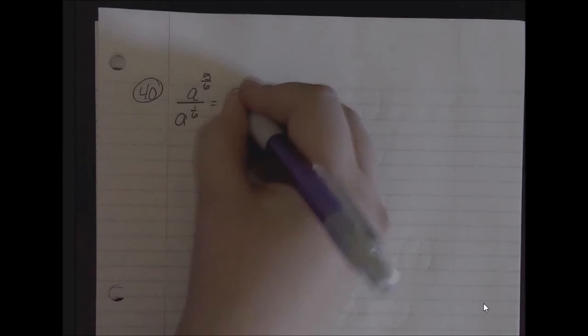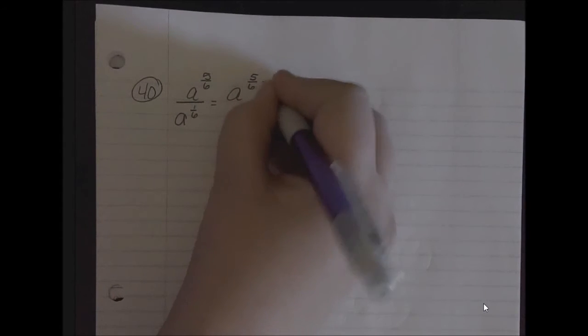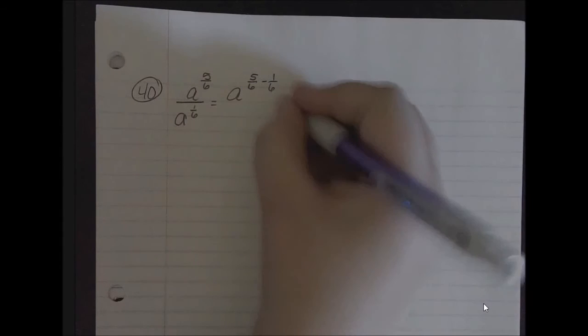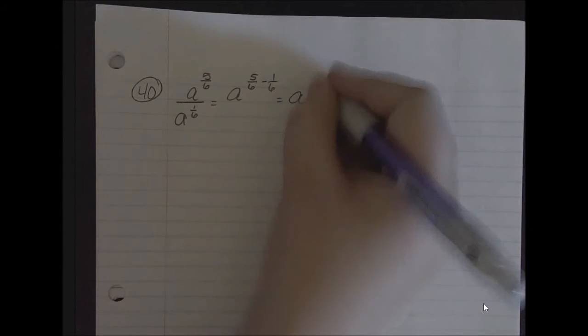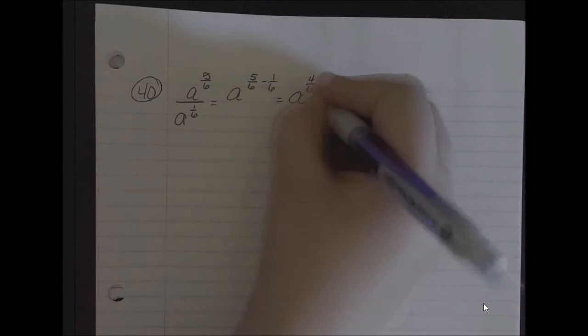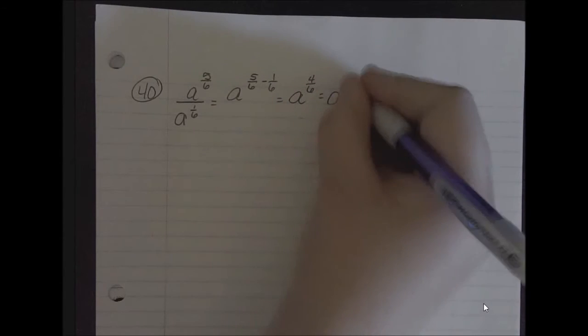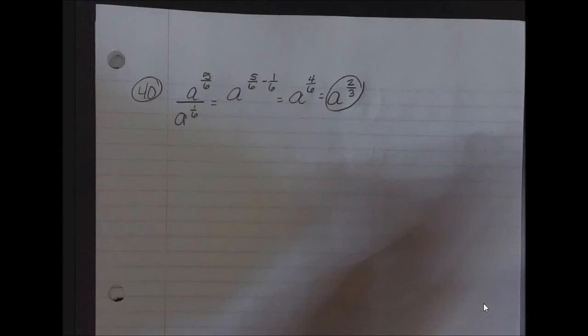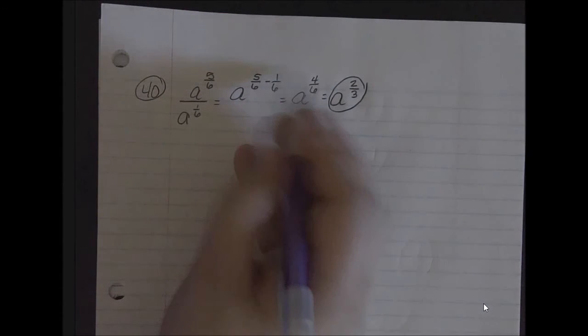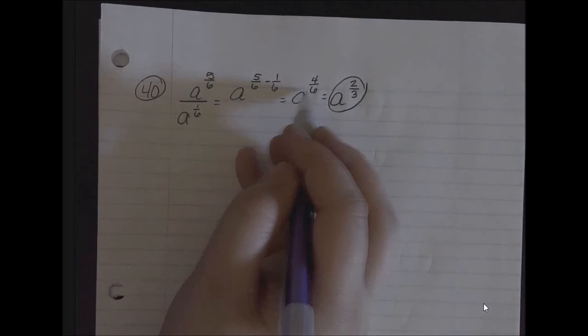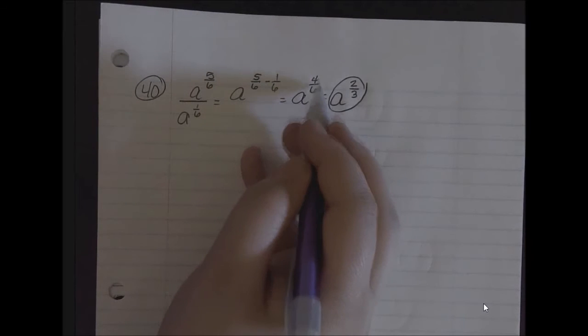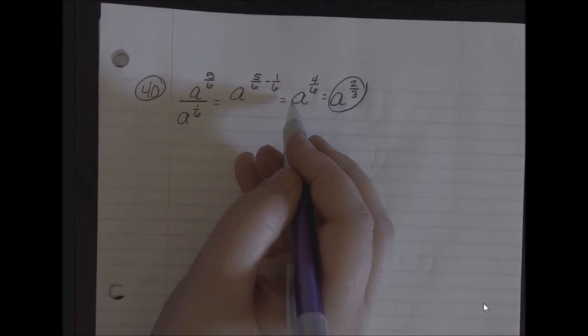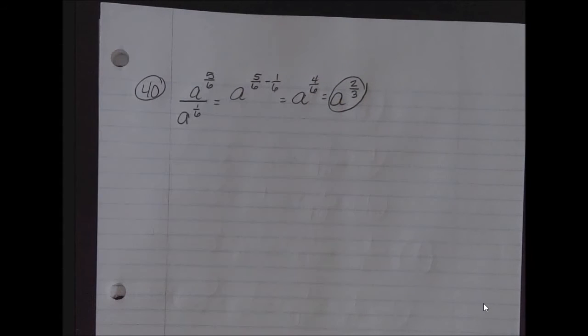So I would have 5/6 minus 1/6, which gives me a to the 4/6, which simplified is a to the 2/3. 5 minus 1 gave us 4, you keep the 6, and then if you divide your numerator and denominator both by 2, that gives you your 2/3.